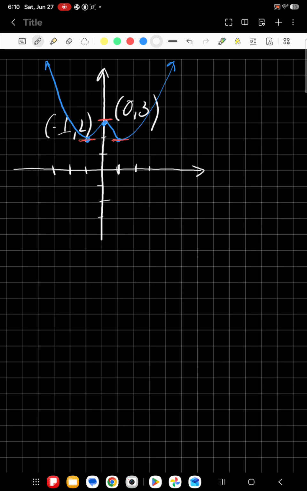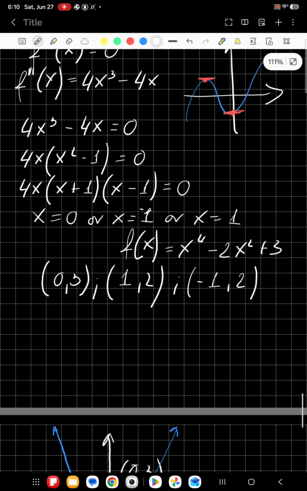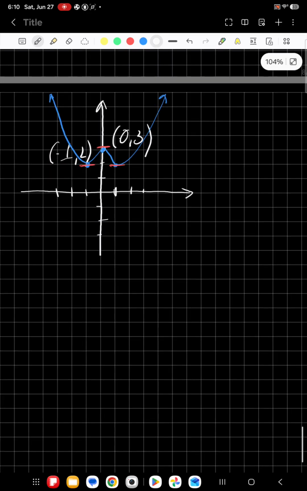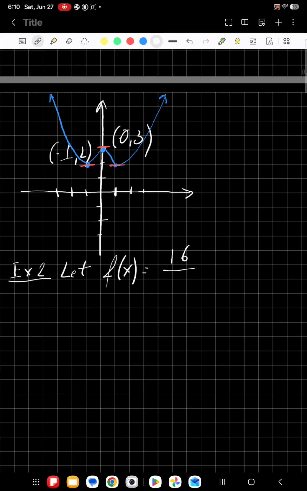Okay, let's do another example. This is example 2. Another function: let f of x equal 16x divided by x squared plus 16.